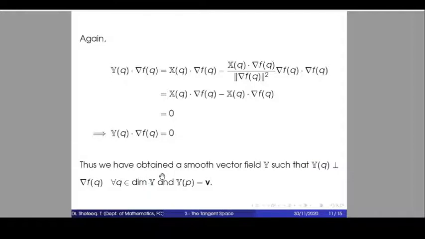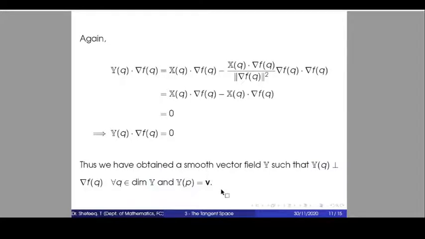Thus we have obtained a smooth vector field y such that y of q is orthogonal to del F of q, for all q belonging to the domain of y, and y of p equal to v.